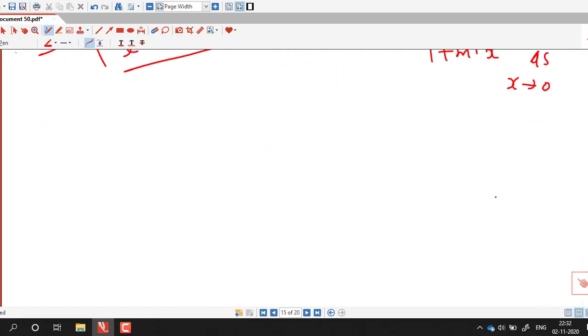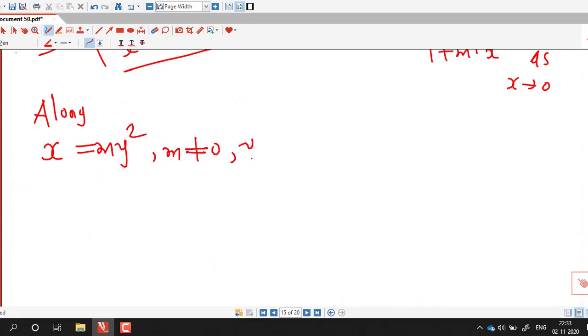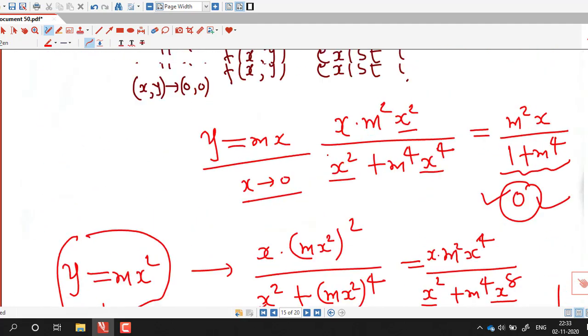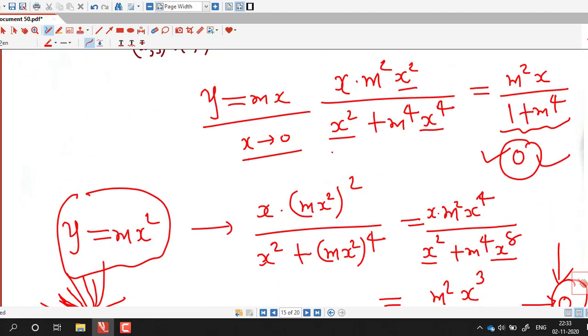So now we try for this type of parabolas. Say x equal to m into y square. And here of course we write m is non-zero, y is non-zero. So now we check the function along this path.